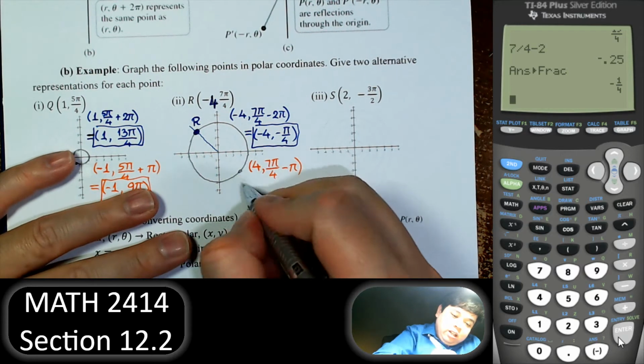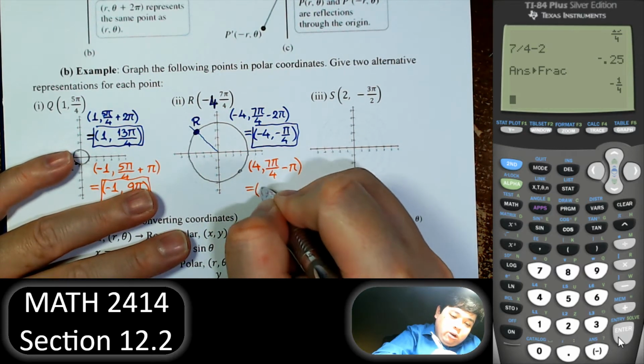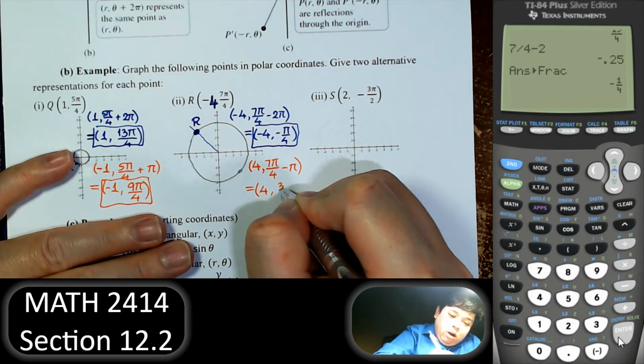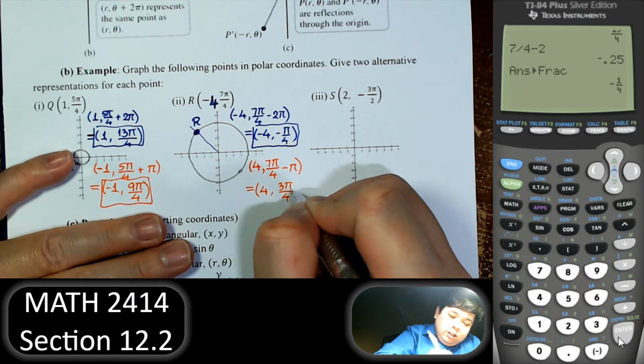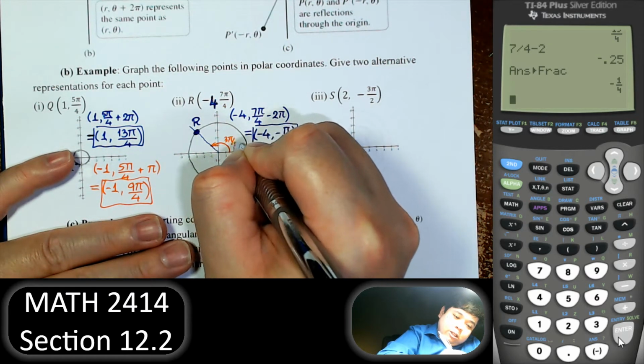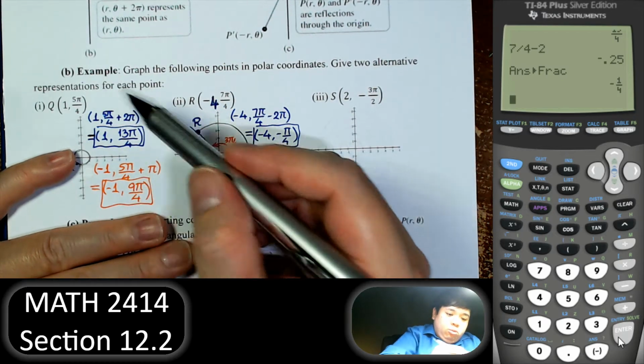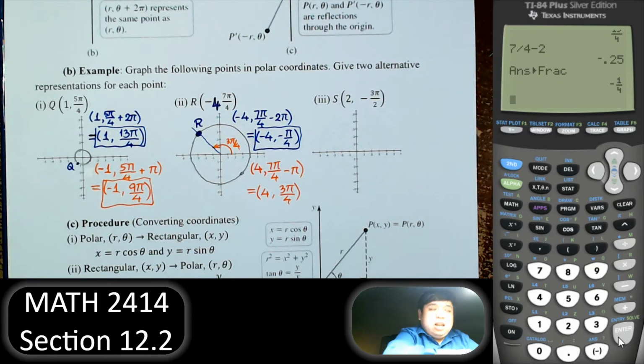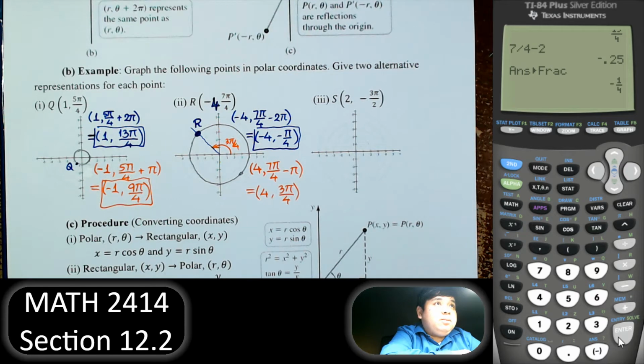I use subtract here. So that gives us 4 and 3 pi over 4. So in that case, we just go 3 pi over 4, and then just go 4. And that will be the same representation.